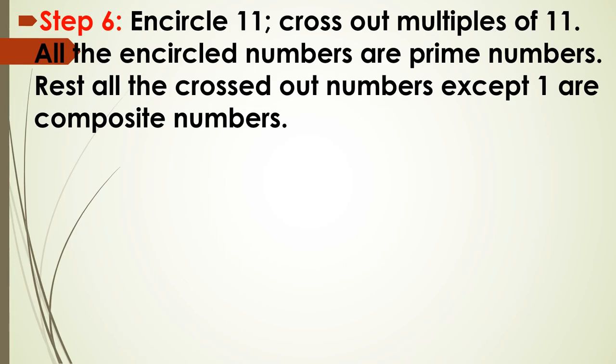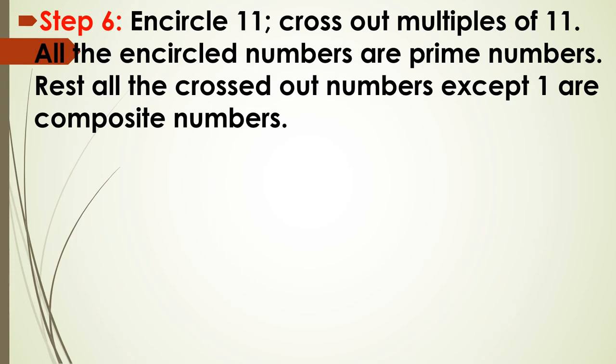This will be more clear to you when you make this type of grid, this type of table with your hands. Okay? Make it. Move step by step, follow step by step and make this table of prime and composite numbers.